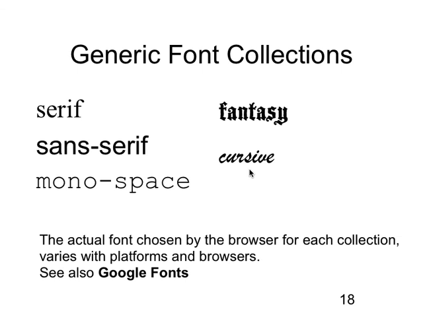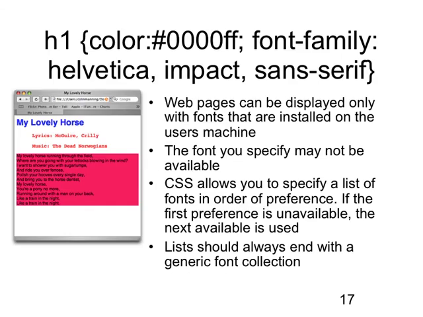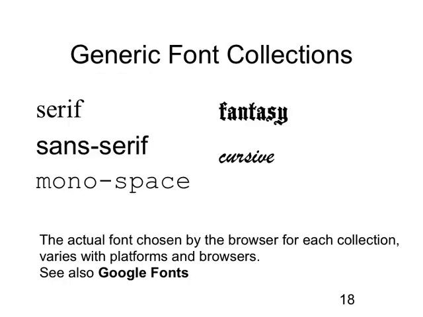So whatever font you do specify, you can specify your preferred font, whatever one it happens to be. You can give a shopping list of them, as many as you like, but you must end your shopping list with one of these generic font families. Now, the problem I described where you can't use a font unless it's installed on the machine, Google has tackled that problem with a Google Fonts project.